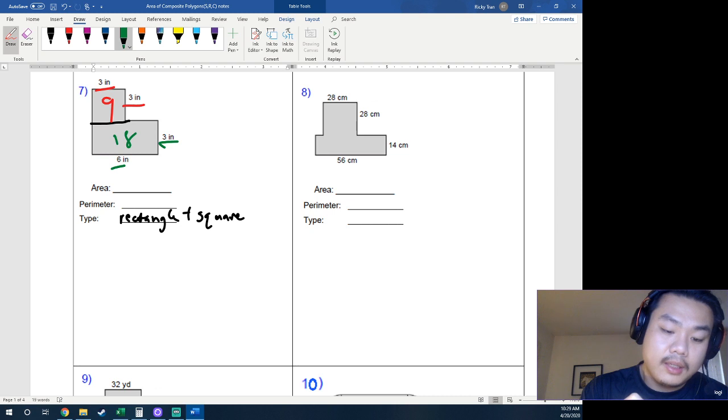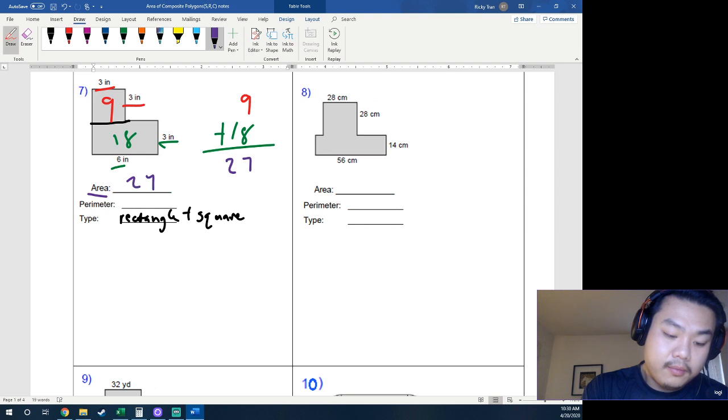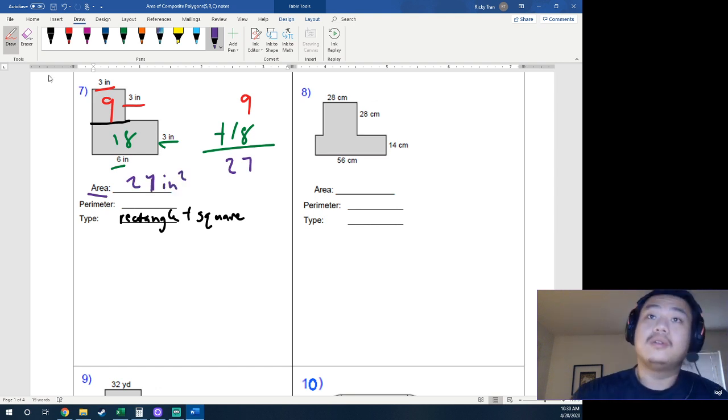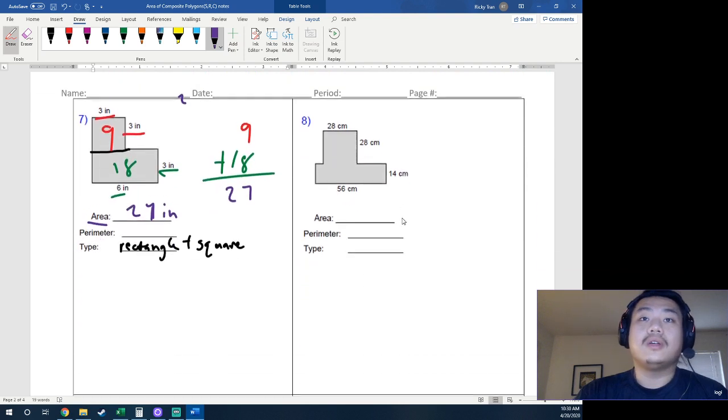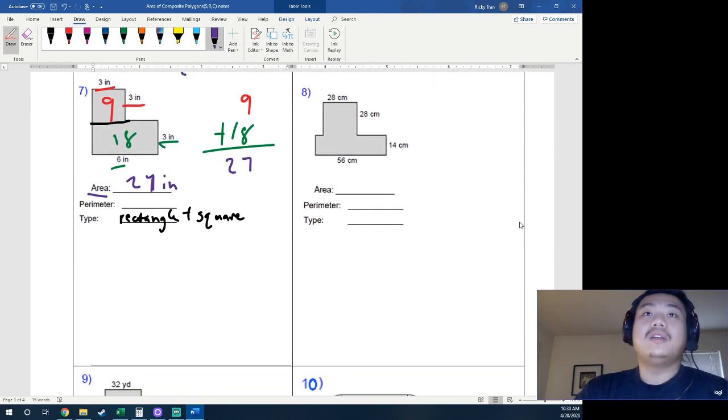And then we add them together, so 9 plus 18 will give you 27. That was too easy, I feel. 27 inches squared. Forgot to put that here. Meters squared.